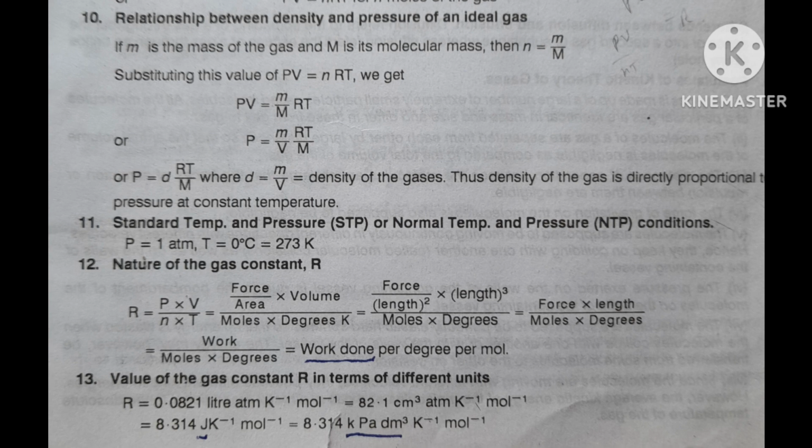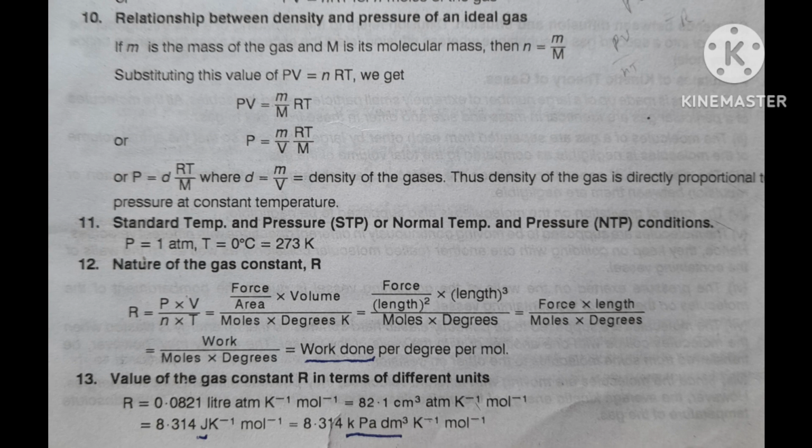0.0821 liter atm, atmospheric pressure. This is the first value of R. This also you can write as 82.1. For the liter, you can write centimeter cube. 1 liter means 1000 centimeter cube. Then you can write 82.1 centimeter cube.